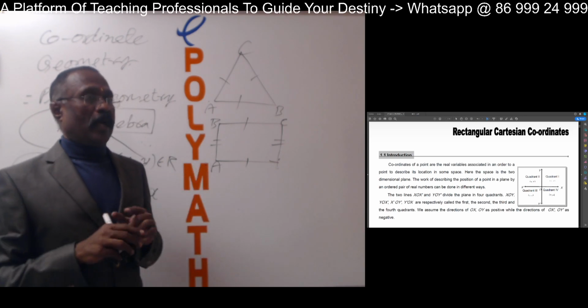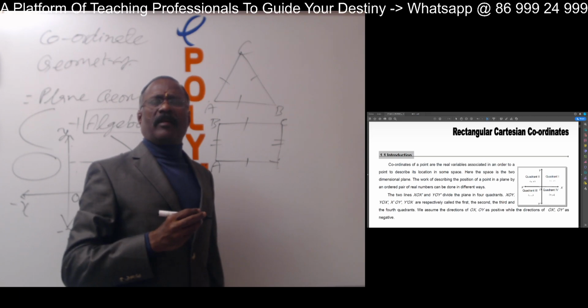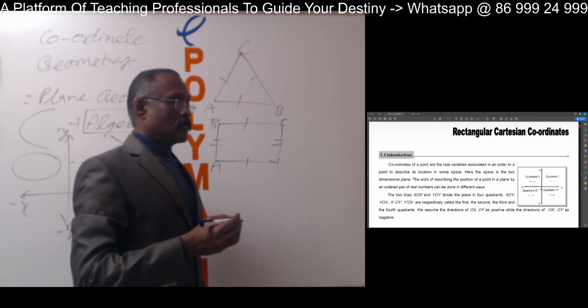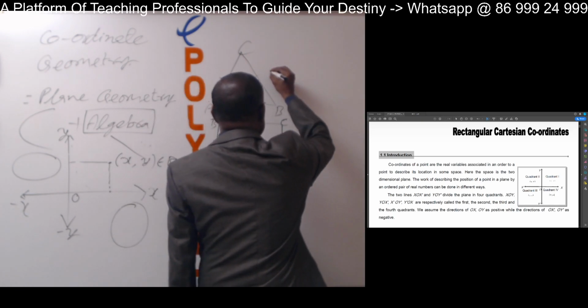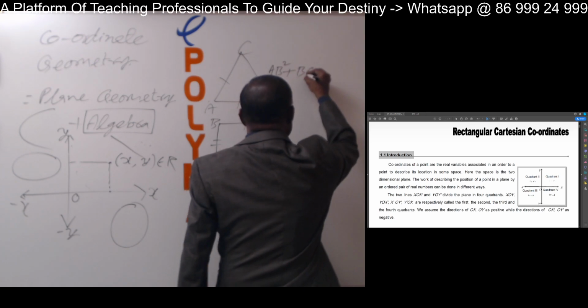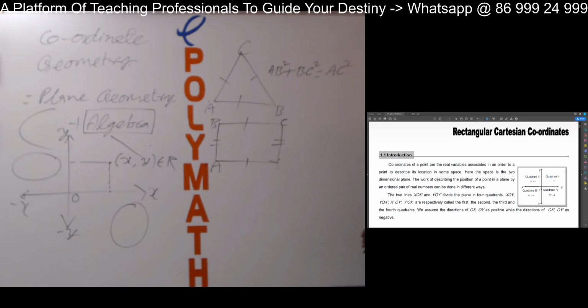And here, in case of a triangle, generally what is that point we miss in the objectives is that for a right angle triangle, you know AB square plus BC square is equal to AC square. This gives you a right angle triangle.